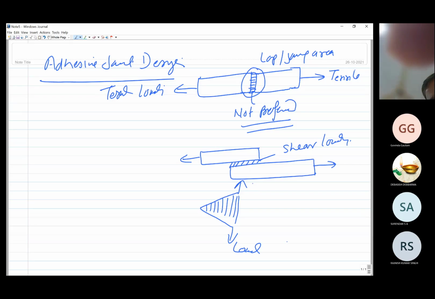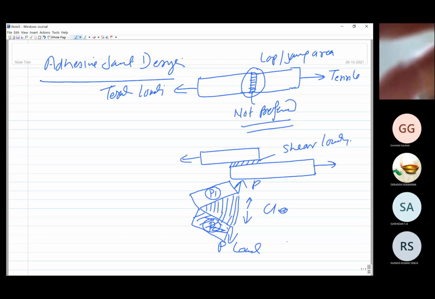So the loading, you can say, is P, and the two components are joined like this. The two components are these, P1 and P2, and when these are subjected to the load P, there is an opening tendency of the joint. This is known as the cleavage type of loading.